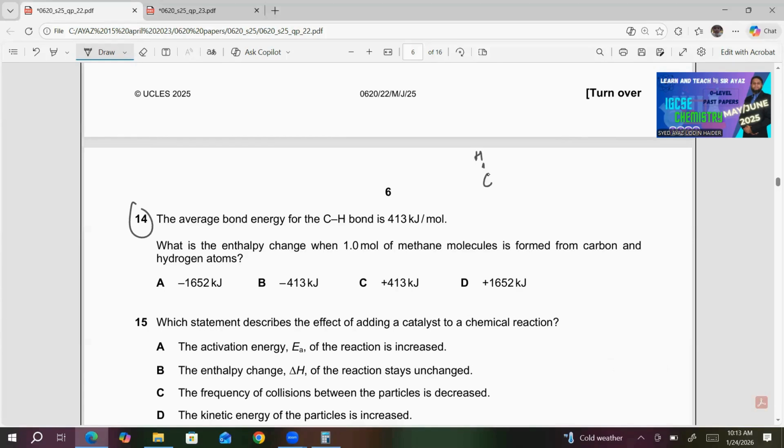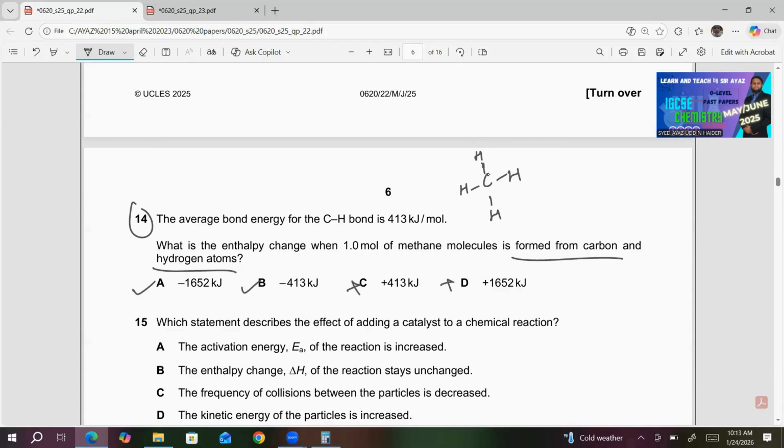We have 4 CH bonds in CH4. So they are saying 1 mole of methane molecules is formed from carbon and hydrogen atoms. This will be an exothermic reaction because there is a formation of bonds between carbon and hydrogen. So exothermic means either A is correct or B is correct. Both C and D are incorrect.